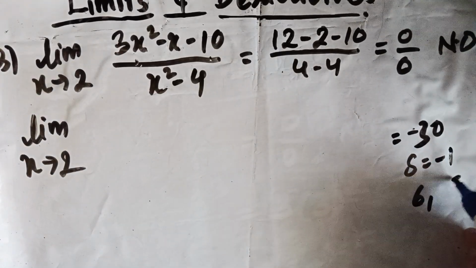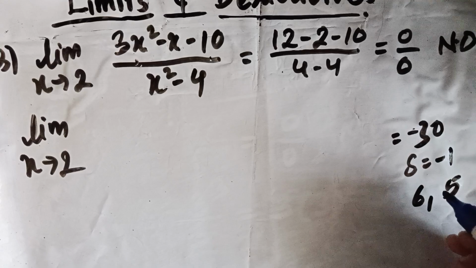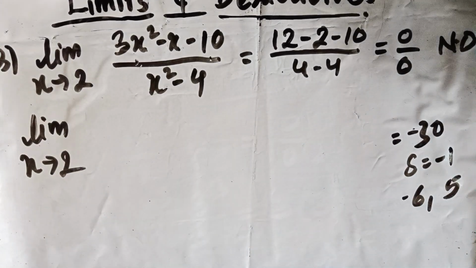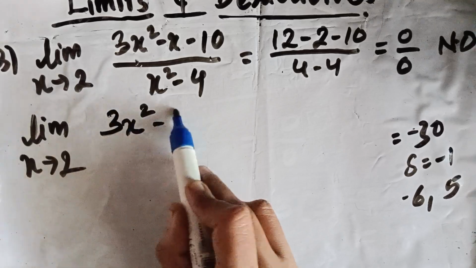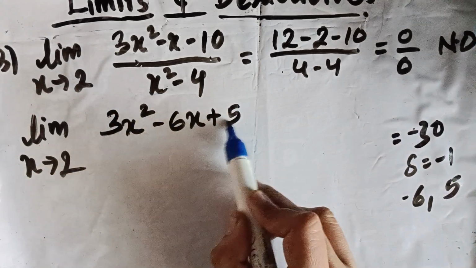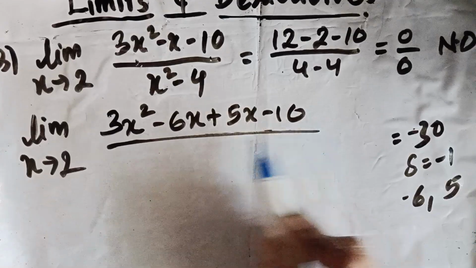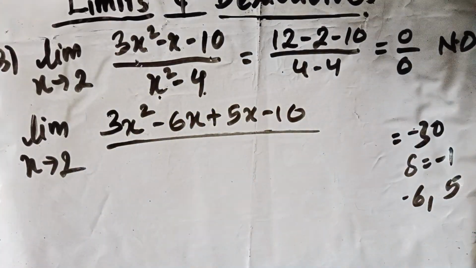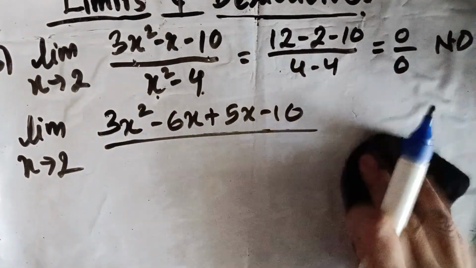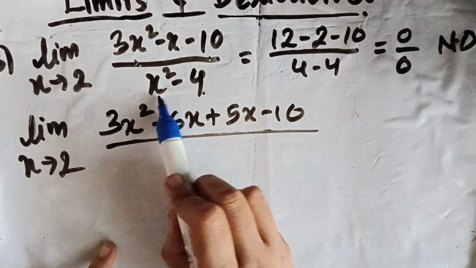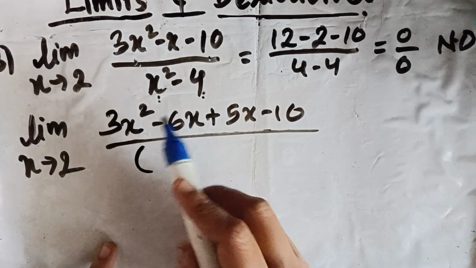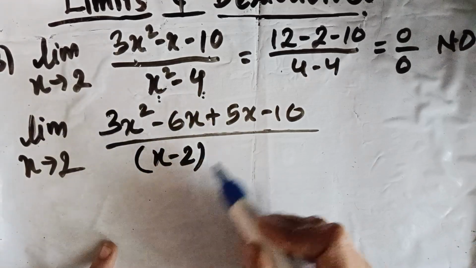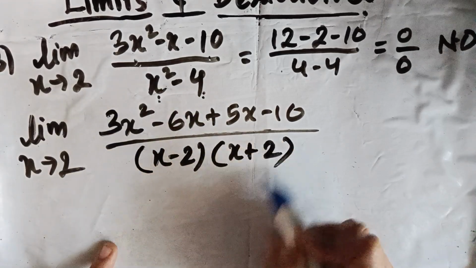So 6 5s are 30, minus 6 plus 5. 3x square minus 6x plus 5x minus 10 upon x square minus 4. Again you can reduce this using the a square minus b square formula. So this is 2 square, x minus 2, x plus 2.